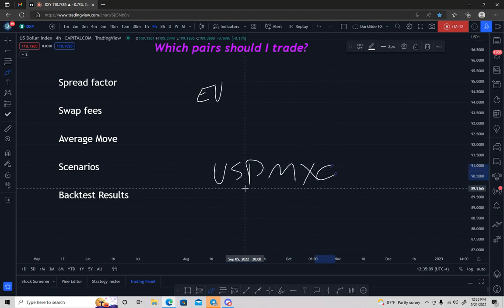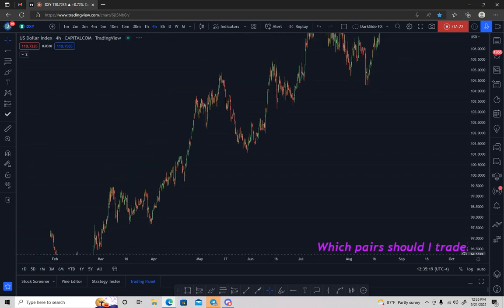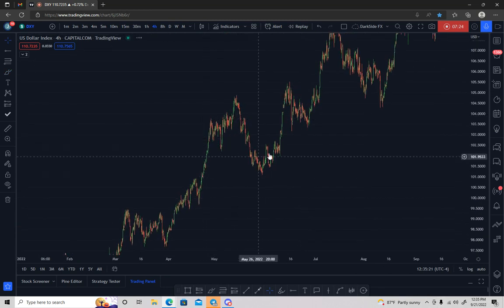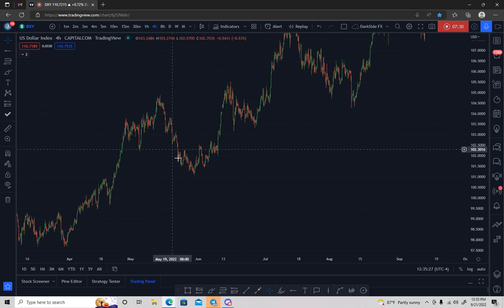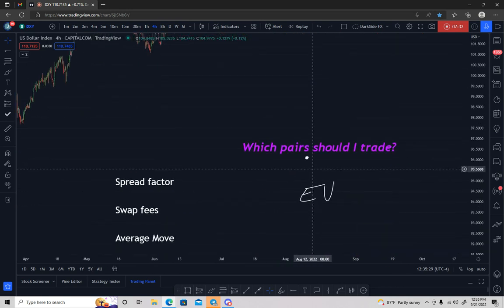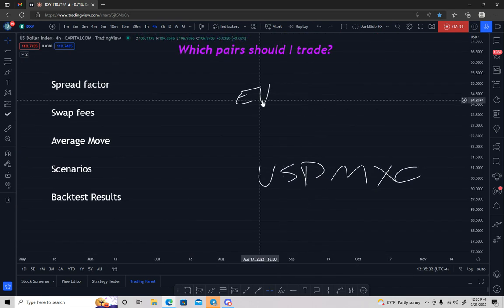That's not something that I trade, but to me it would make no difference, because like one of our guys was saying the other day, if you didn't see the name of the pair up in this top left corner, if you didn't know this was the dollar index and you were just looking at a chart, you wouldn't know what pair this is anyway. So the pair really doesn't matter. What you're really looking at is the scenario on the chart. So for me, again, that's why I don't care about the pair.